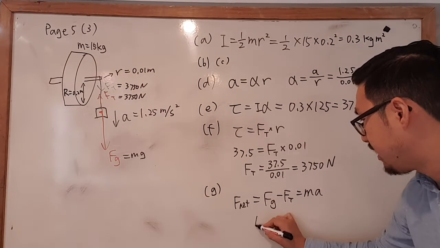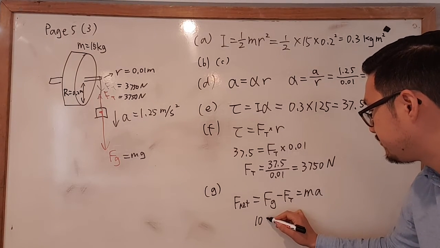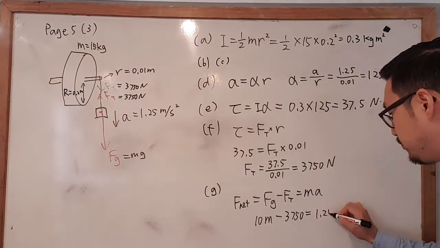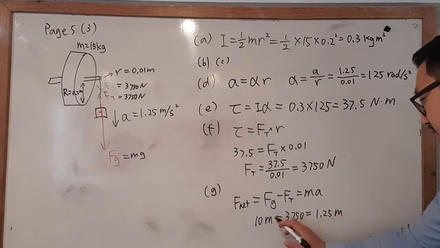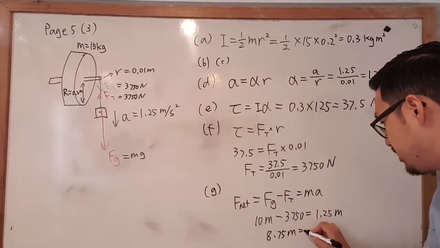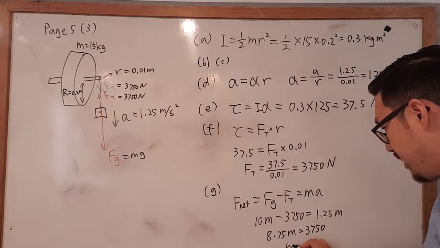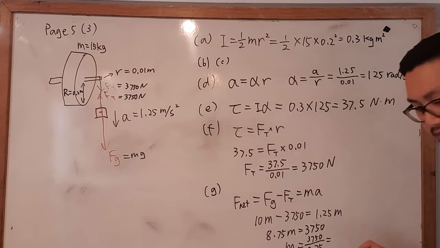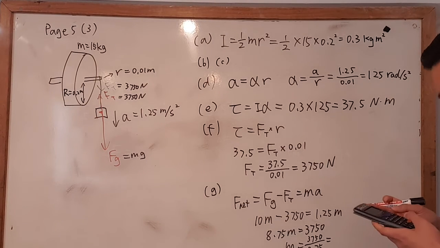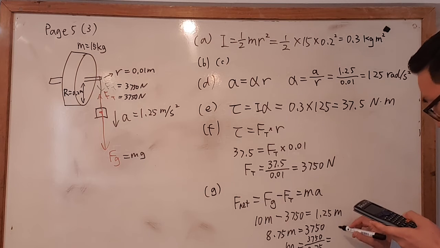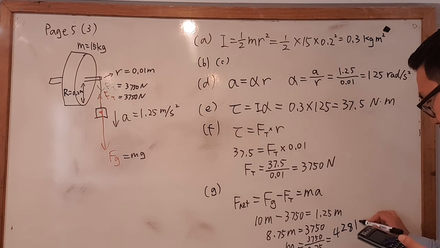I just use 10 times mass minus 3750 equals 1.25 times mass. Then I can rearrange: 8.75 times mass equals 3750. So mass equals 3750 divided by 8.75. Putting that in the calculator gives 428 kilograms.